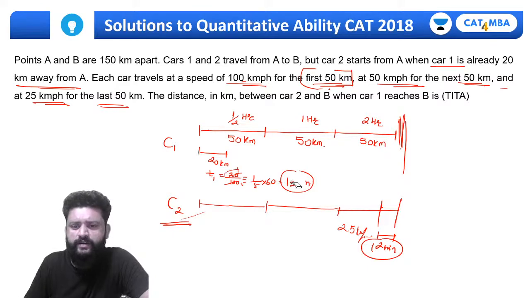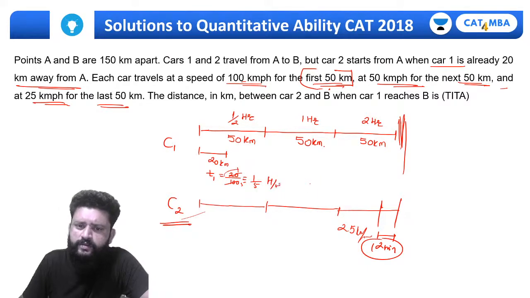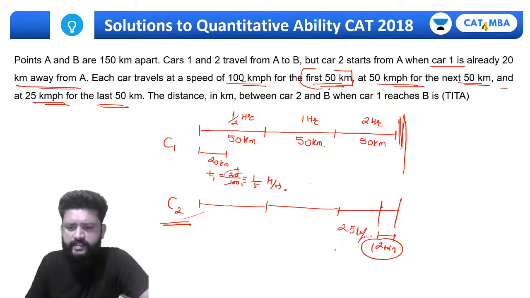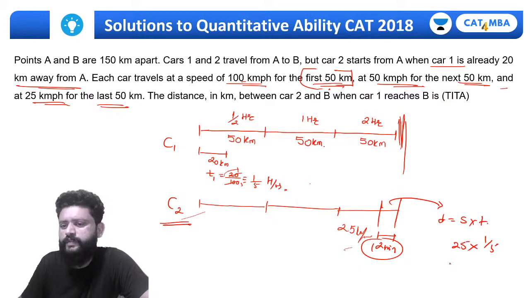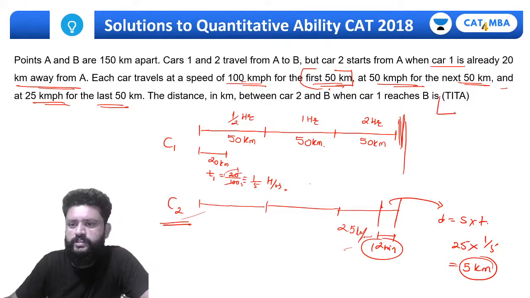Need not get into minutes, keep it as 1 by 5 hours. So just to understand, it's easy. Distance must be equal to speed into time. Time is 1 by 5 hours and speed is 25. 25 into 1 by 5, that must be 5 kilometers. So answer for this question is 5 kilometers.